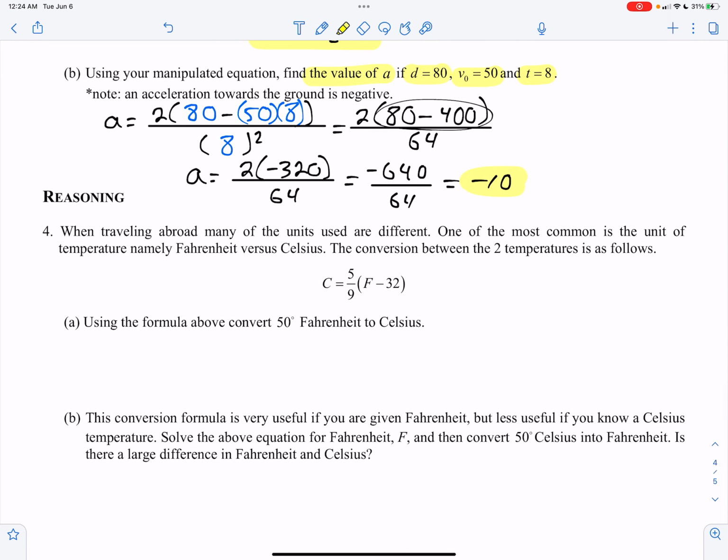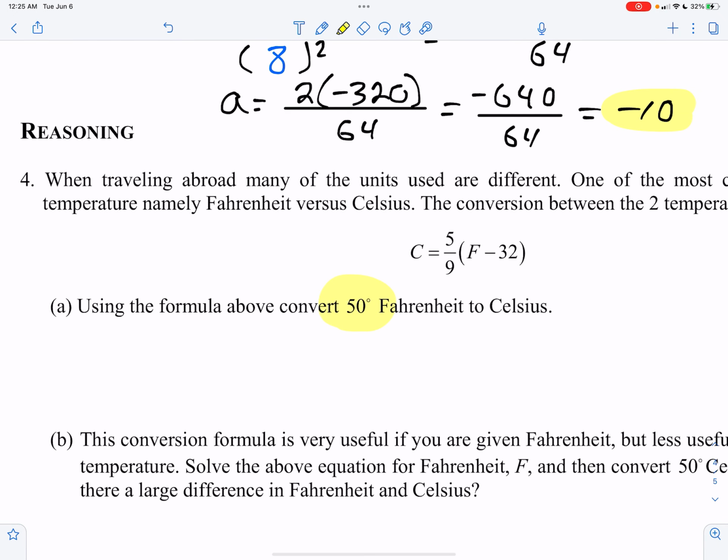In our final example, it says when traveling abroad, many of the units are different. For instance, the temperature could be in Fahrenheit or Celsius, and there is a conversion between the two that goes C, which is Celsius, equals 5/9 times F, which is Fahrenheit, minus 32. So using the formula, convert 50 degrees Fahrenheit into Celsius. Well, basically, we're going to plug 50 right in there for F and figure out the Celsius degrees.